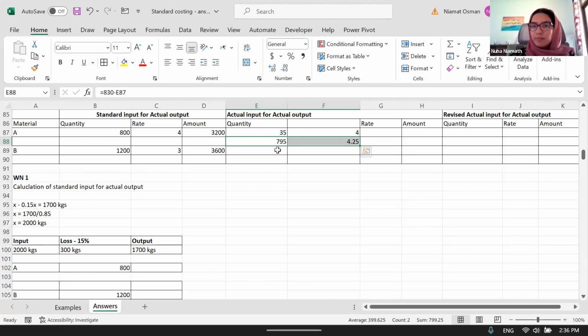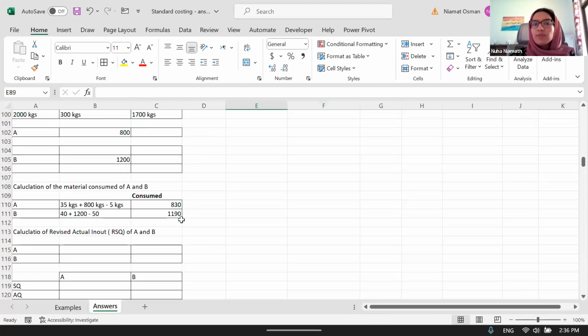Okay, perfect. So let's do the similar thing for B. So B also we have used totally 1190. But how much of this 1190 pertains to the opening stock? Nida says 40. How about the others? 40, because total 40 has been utilized. Right?